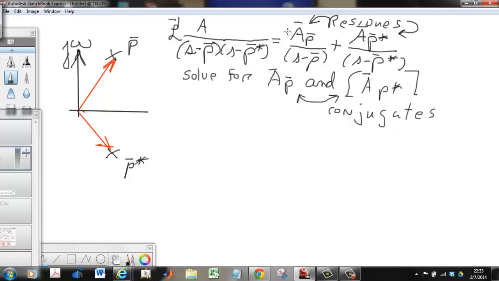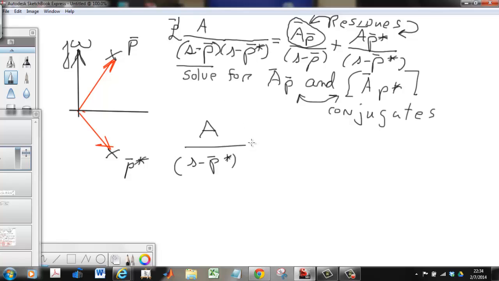So to solve for A_P, we multiply all the terms by s minus p. If we multiply all the terms by s minus p, then on the left-hand side we're going to have A, and this is going to be over s minus p star, because we multiplied and canceled this one.